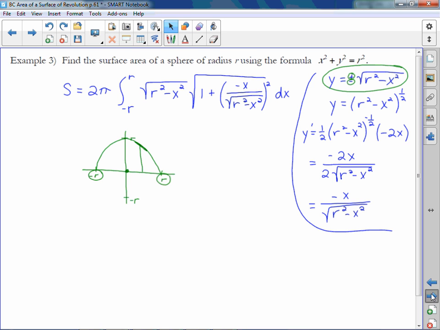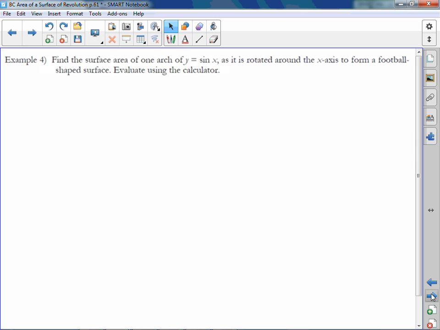All right, one more. I want to show you on the calculator how to use this. Let's see, we're going to take the surface area of 2 pi, the integral from, let's see, it's the surface area of one arch of sine, y equals sine x, as it is rotated about the x-axis.